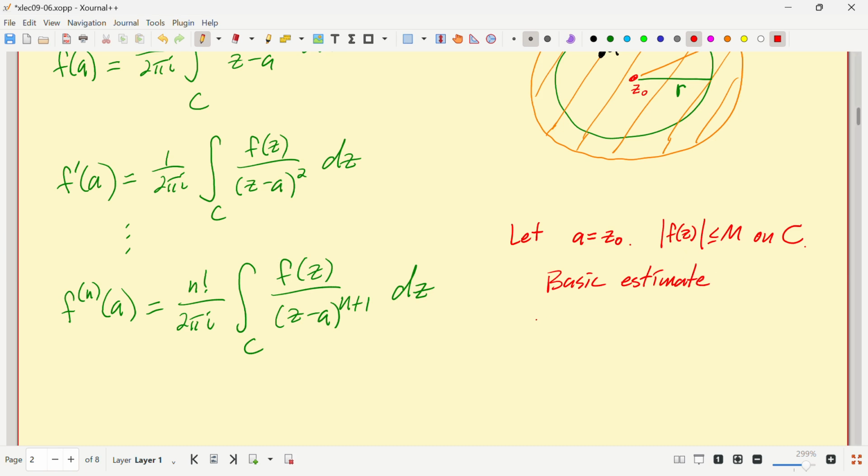Then when I do the basic estimate, I get the famous thing called the Cauchy estimate. The nth derivative of f at the center is less than or equal to, let's see, what am I going to get? n factorial over 2 pi, m over, z minus the center z naught would constantly be equal to r, times the length of the curve, which is 2 pi r.